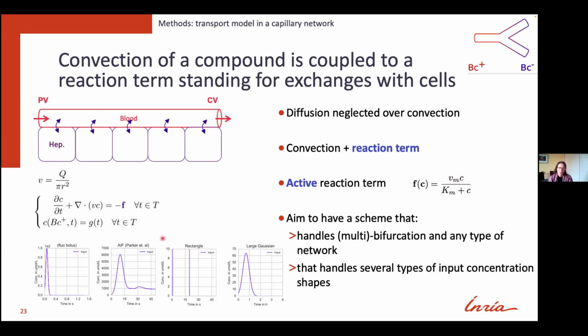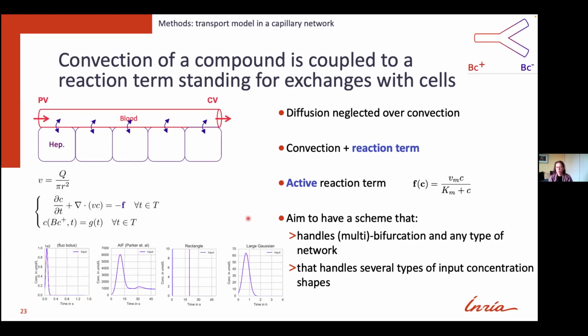And actually, when studying either metabolism or contrast agent spread throughout the liver, the concentration that we want to study at the inlet of the lobule can be of different shapes in time. So it can have a profile that is quite peaked, or be a large Gaussian.